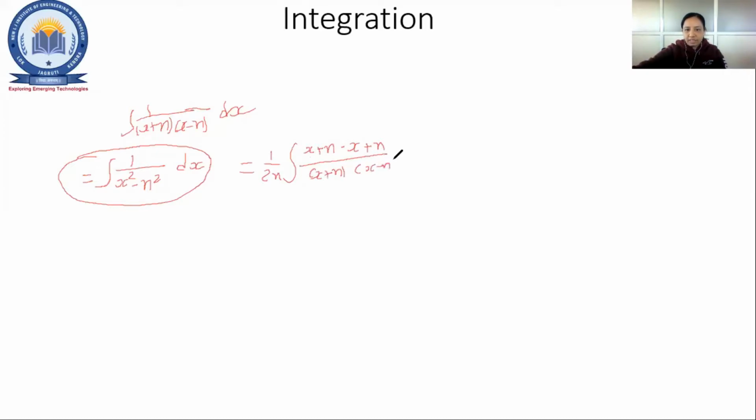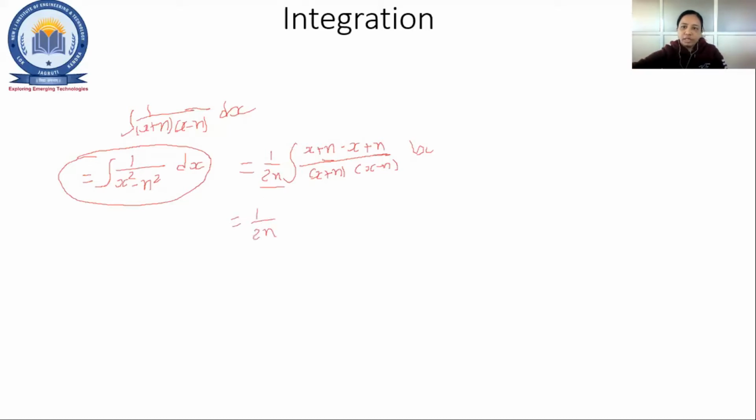I want something like x plus n and x minus n here also, right? So I have multiplied it with 2n and divided by 2n. So here it is 2n. If you do the addition of that, plus x and minus x are supposed to cancel out, right? So now just a simple thing, what you are supposed to do?